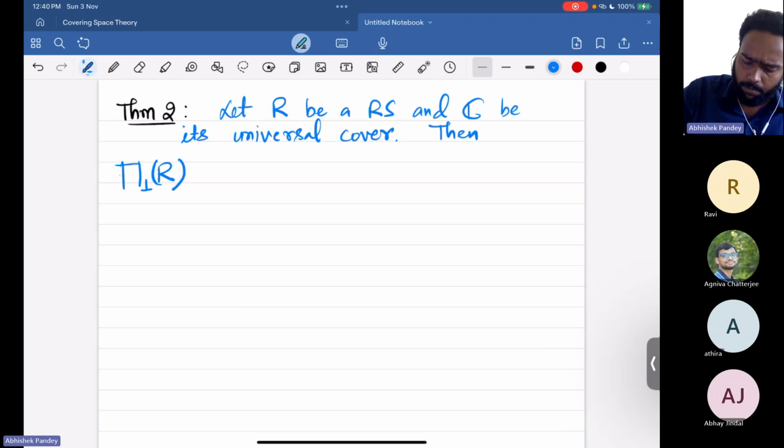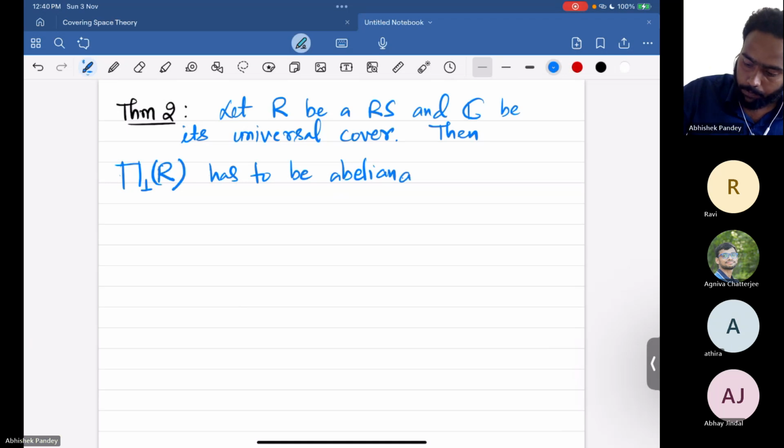But I think everyone knows about this one, the fundamental group. I said this is quite algebraic, so we will see the proof later, but I just mention this result because it is important.